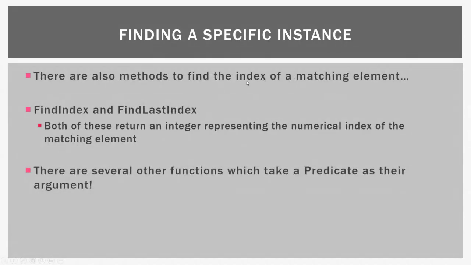We can also find the index of a matching element. So lists can be numerically indexed. The first one is object 0. The second one is number 1, and so on and so forth. So you can call find index or find last index. They return an integer instead. So if you're looking for just the position of the first match.